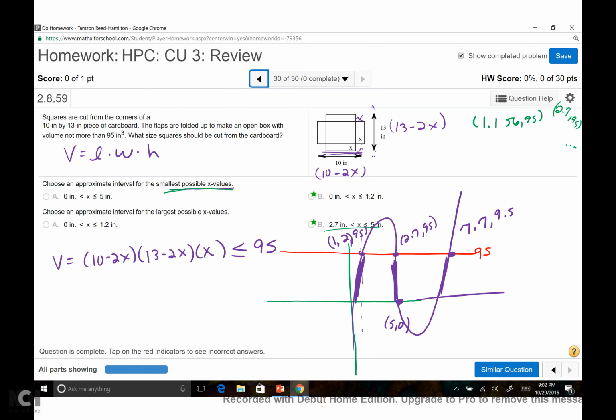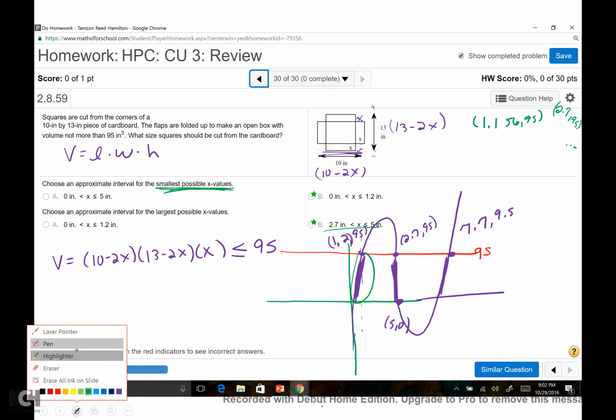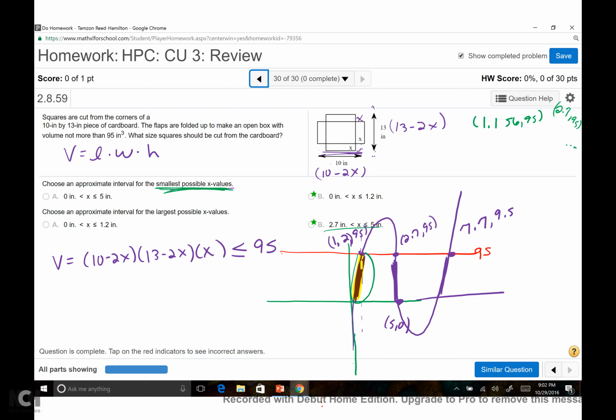The smallest possible x values. Again, we're looking at this section right here because up until here, I won't go over 95. Okay, so these are the smallest x values that would give me a volume lower than 95.